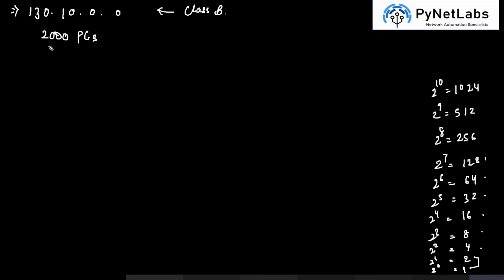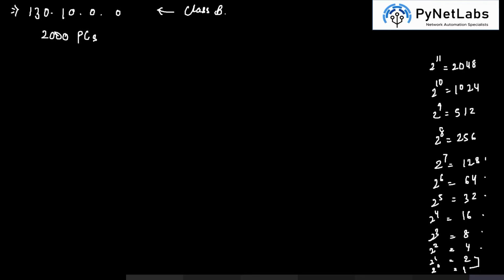Now we have to use this IP address for 2000 PCs. So we will have a look at our formula and see where is the number nearest and greater to 2000. It is 2 raised to the power 11, which is 2048. Is it clear till now?